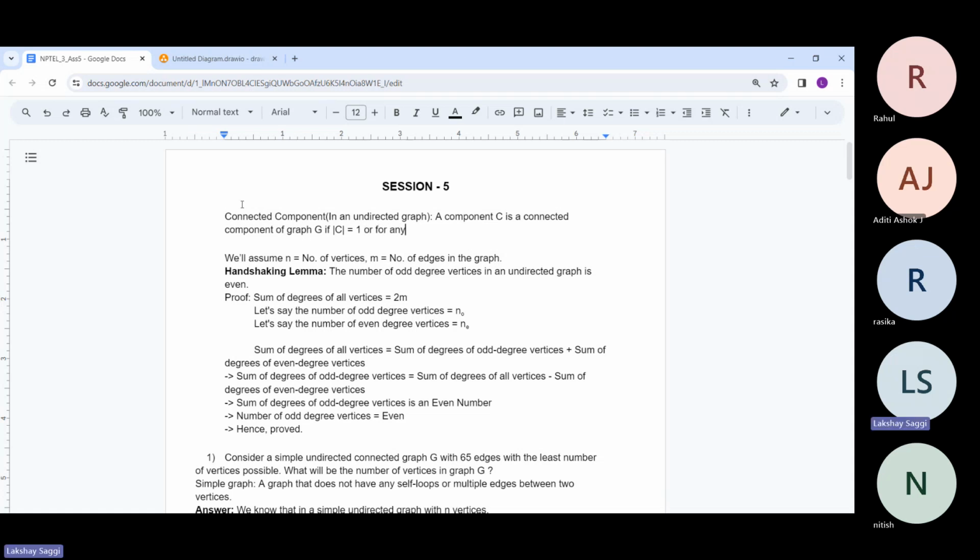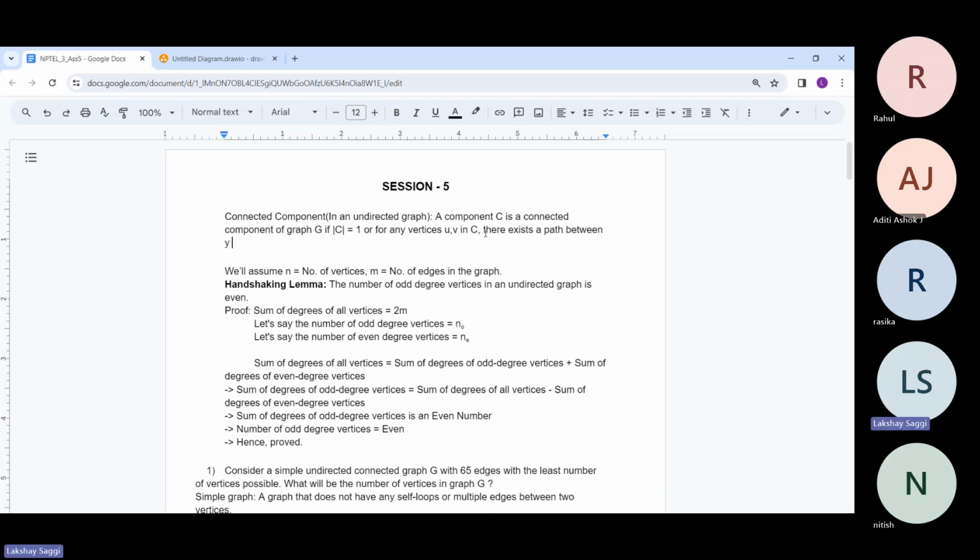Or for any two vertices u, v in C. So if mod C is 1, then we are done, it is a connected component. But if there are at least two vertices in the connected component, then we'll say that it is a connected component if there exists a path between u and v.